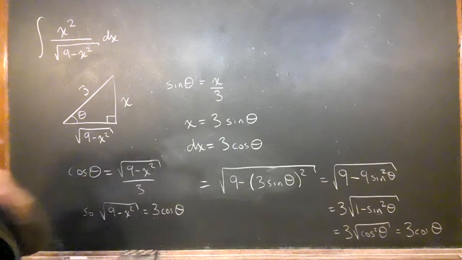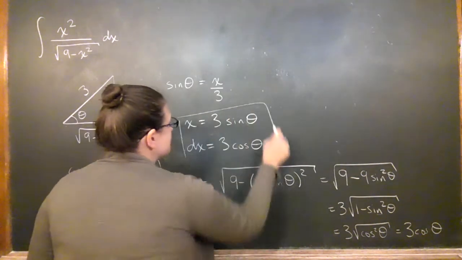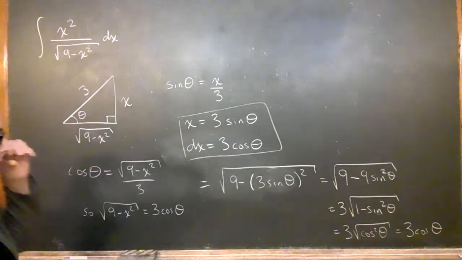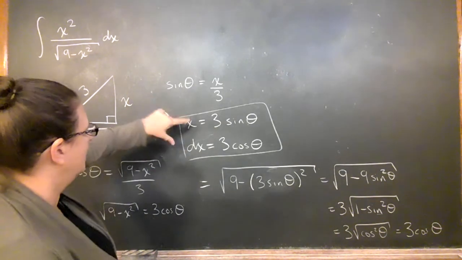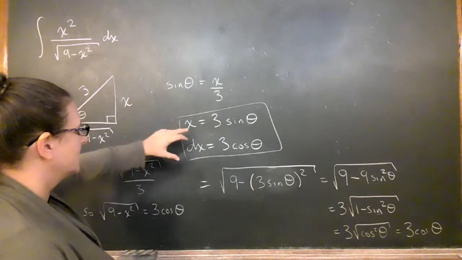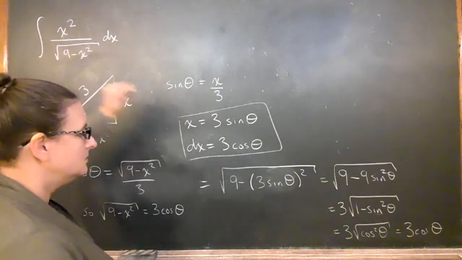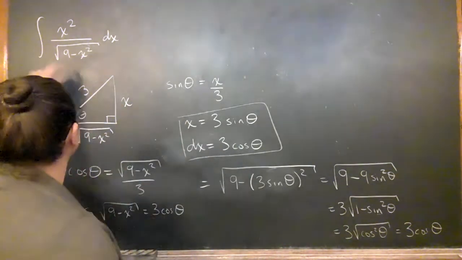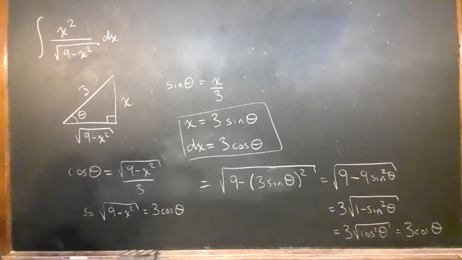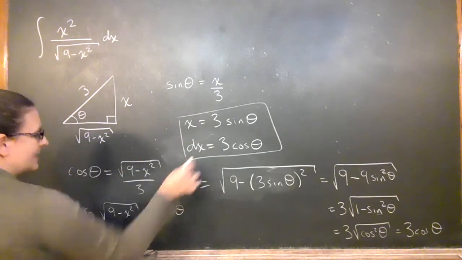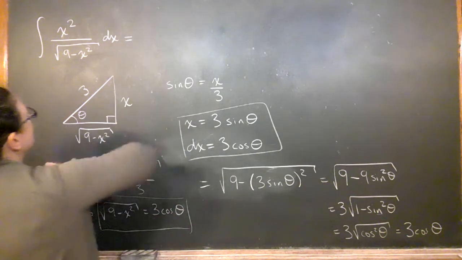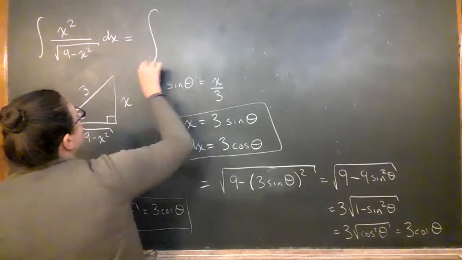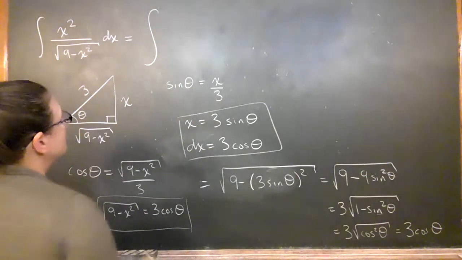I can substitute it directly into everything and then do that, or I can read what these things are off the triangle. So regardless, now I know what everything is, right? Now I can put all this stuff back into here, and let's see what I get.